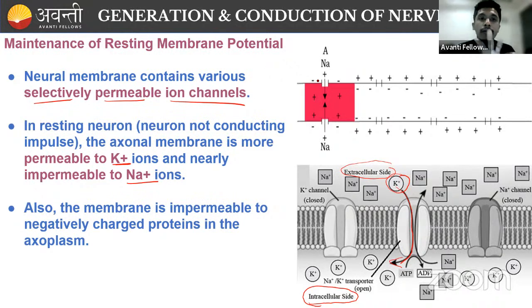When we talk about the selective permeability of our neuron, they are allowing potassium ions to flow in, and sodium ions are strictly not permeable. I also told you that this balance does not exist all the time. So how does it maintain the balance at times?